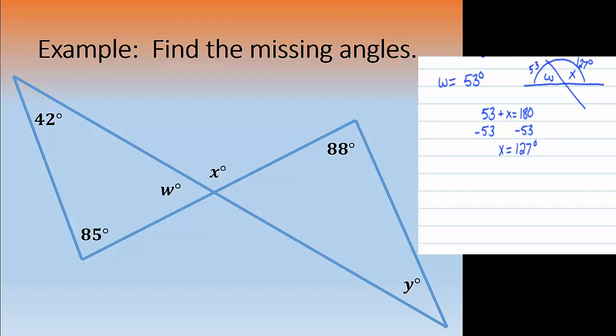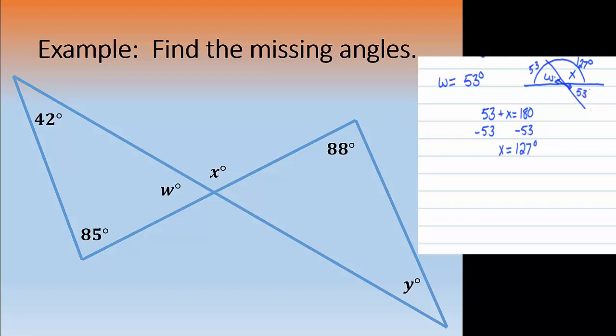Now there's another important piece of information that we see in our intersecting lines, and that is a vertical relationship. So we have vertical angles, and that is an angle directly across within the intersecting lines. Now the reason I need to know that relationship is that's going to tell me that this angle over here is 53 degrees.